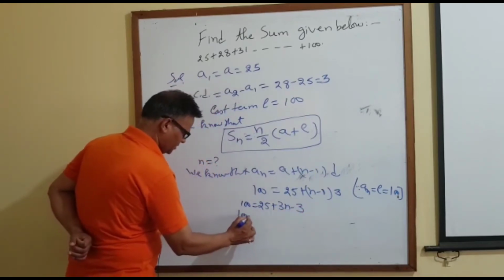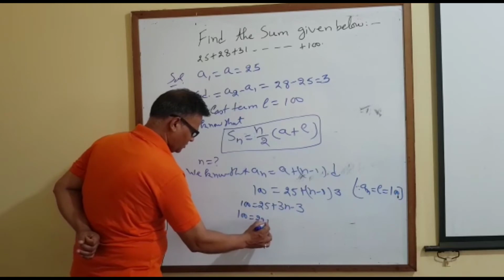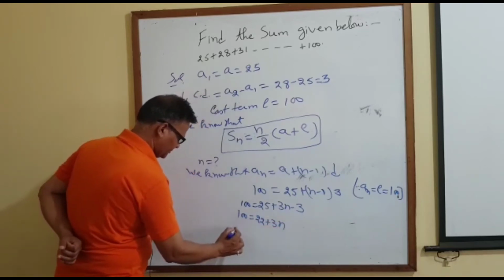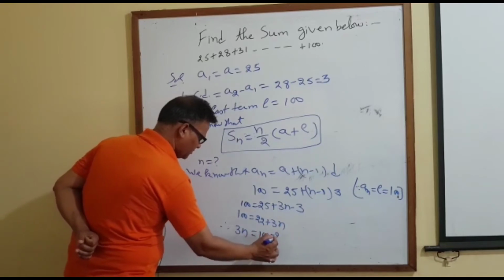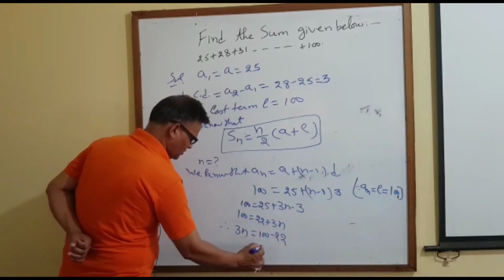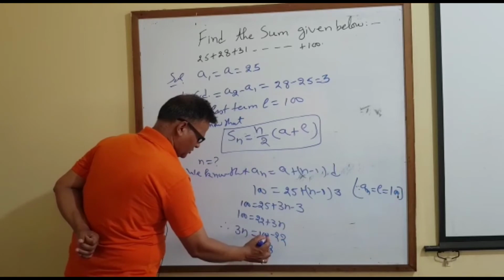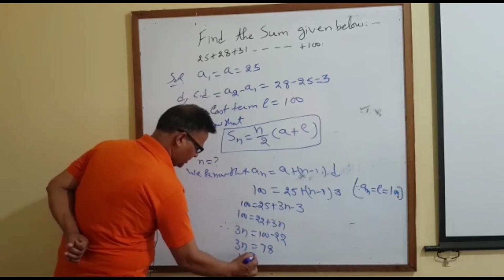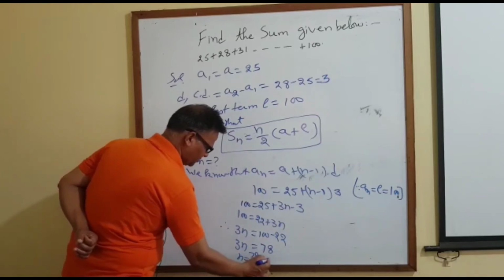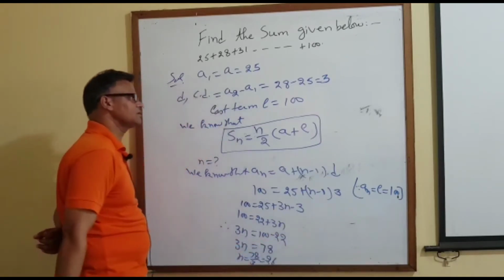We get 100 is equal to 22 plus 3n, and 3n is equal to 100 minus 22. We get 78 equals 3n. So n is equal to 78 over 3. After simplifying we get 26.